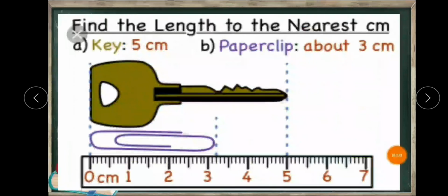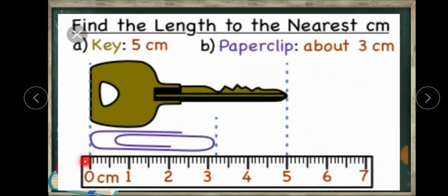Now we have another example to check how we measure objects using a ruler. This is the ruler, and here we have an object, a key. See, children, we can draw two lines on both sides of the object, at the beginning and at the end.